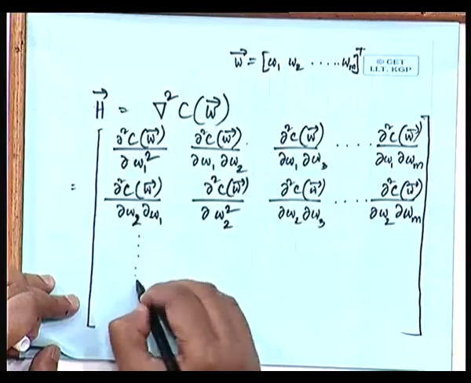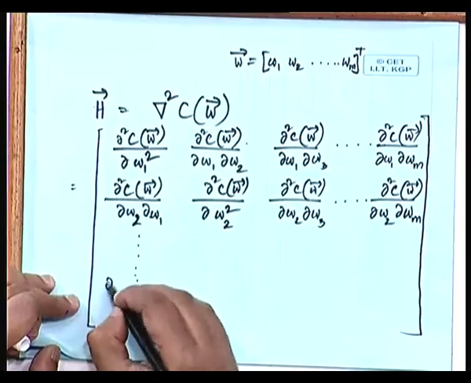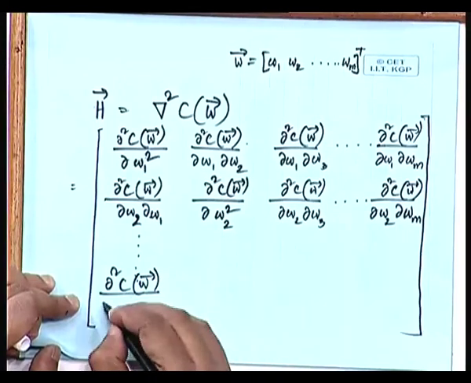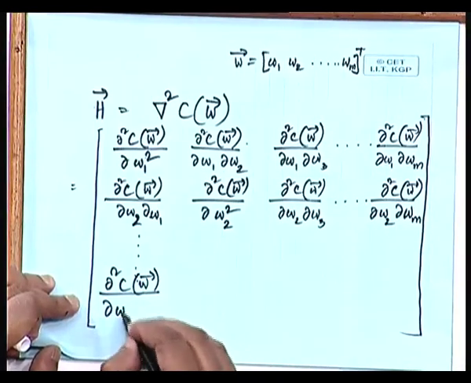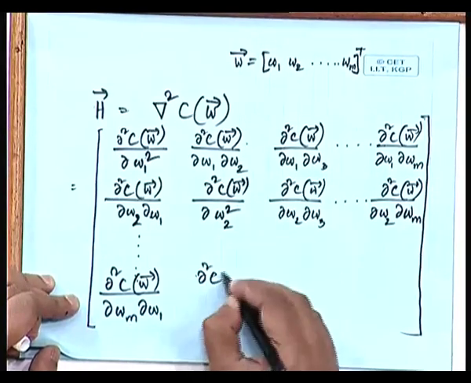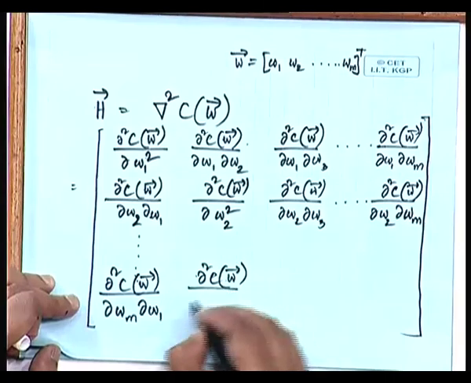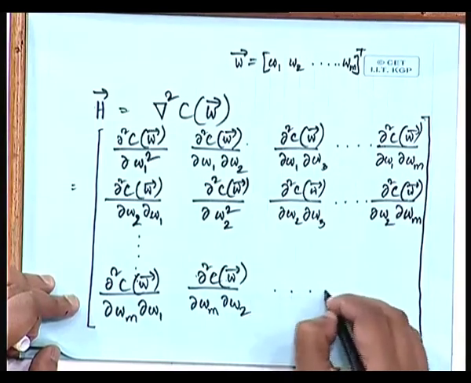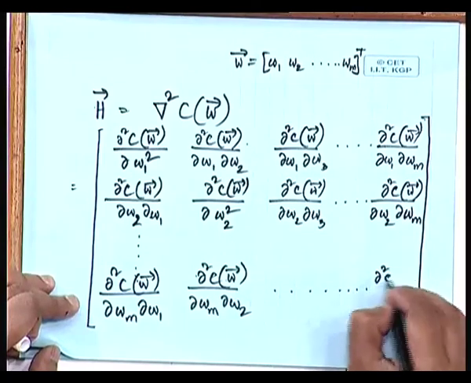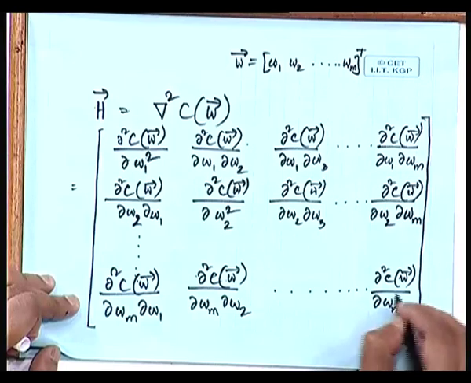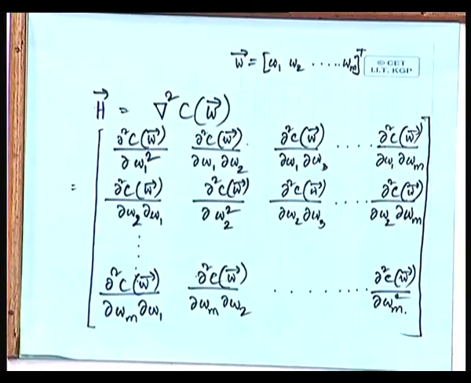And then the last row will be, right, del W m del W1, del W m del W2, and the last term will be, right, del W m square. So this is the Hessian matrix.